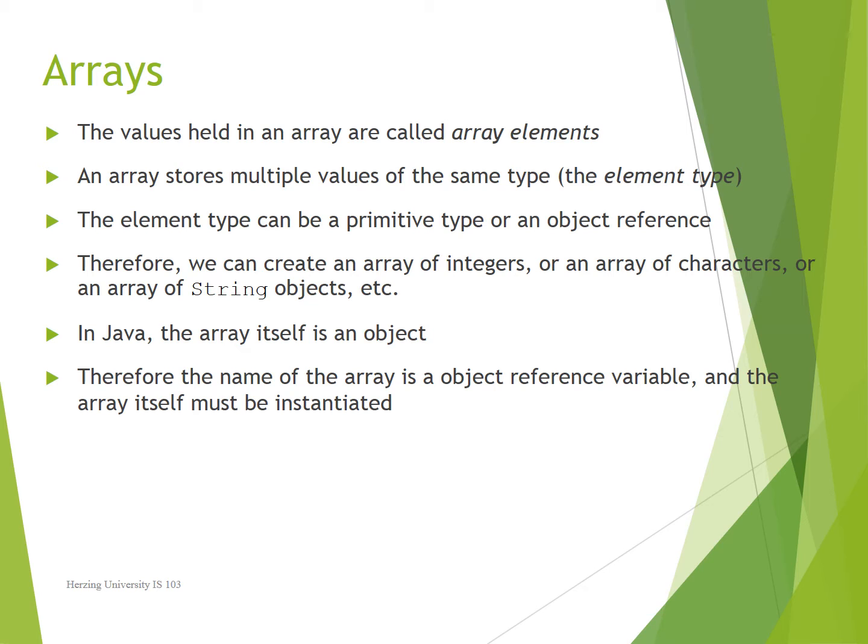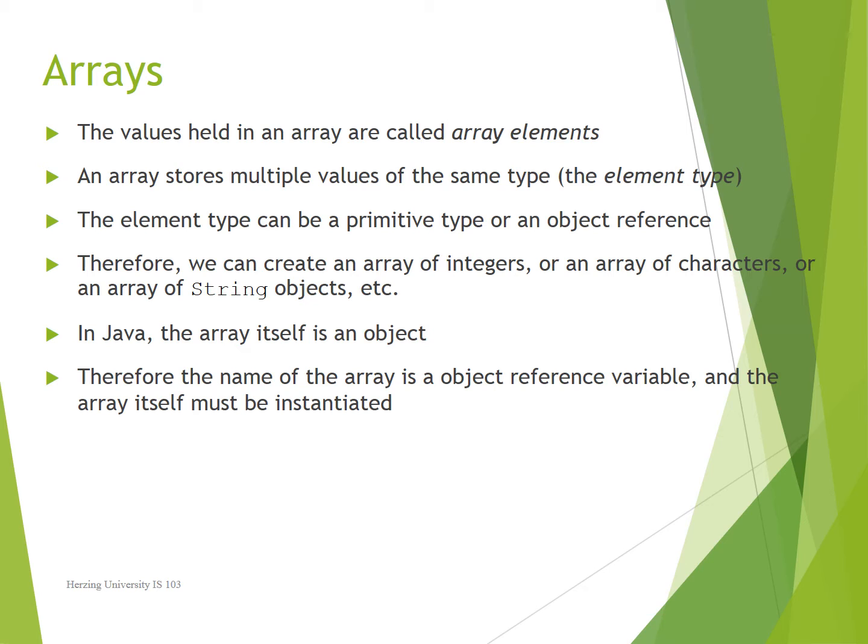More on arrays. The values held in an array are called array elements. An array stores multiple values of the same type, or the element type. The element type can be a primitive type or an object reference.